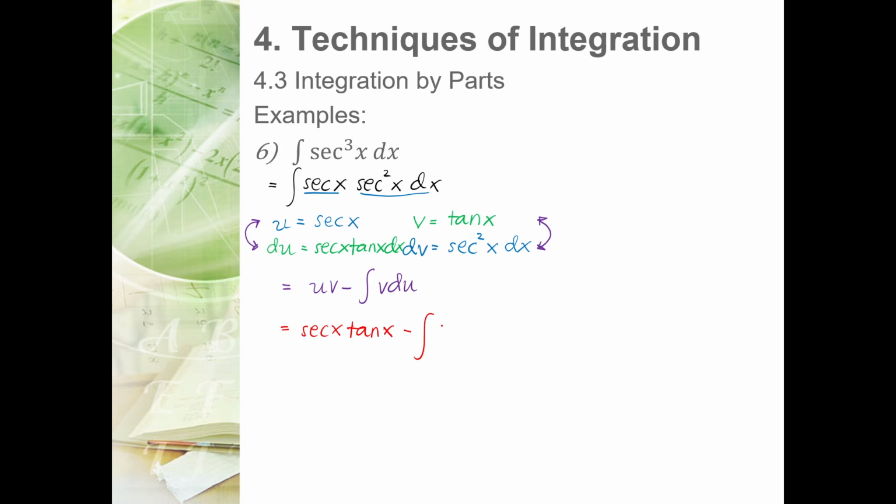So v du becomes tangent x times secant x tangent x dx. So this simplifies even further to secant x tangent x minus the integral of tangent squared x secant x dx.